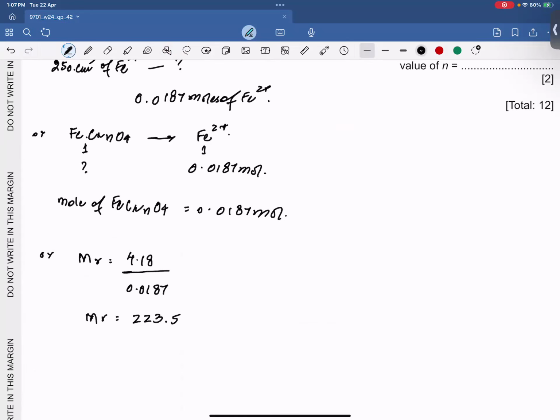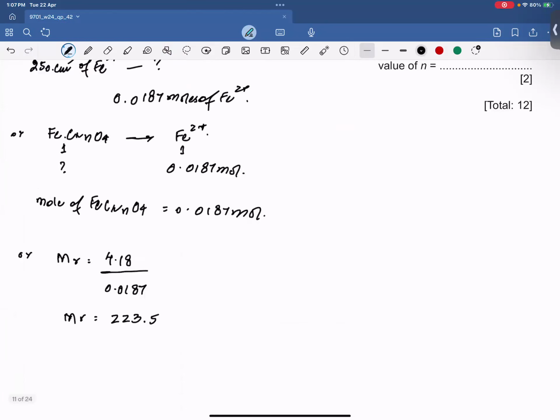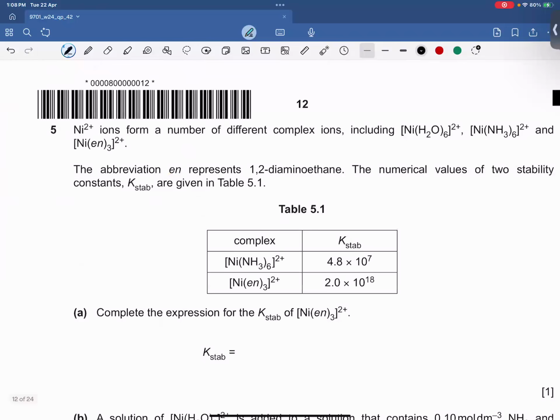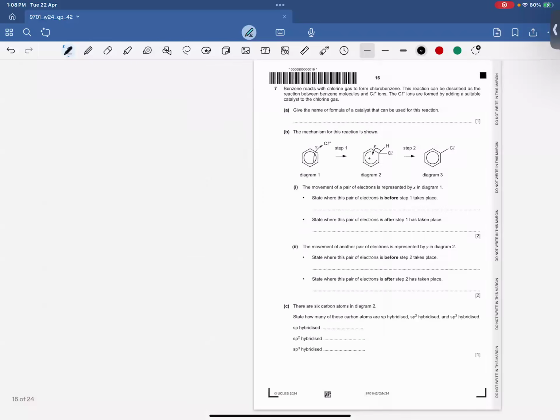Okay, we need to find the value of n, and for that we can start. FeCrnO4 equals Mr. Now take out the mass of iron and oxygen. Iron is 55.6, I believe. Let me check from the periodic table. 55.5 or 55.6.